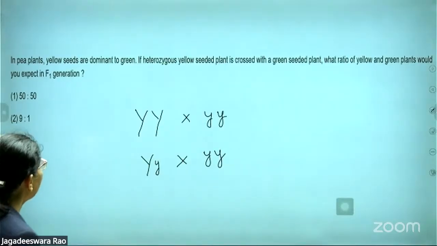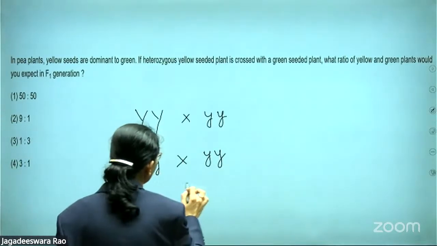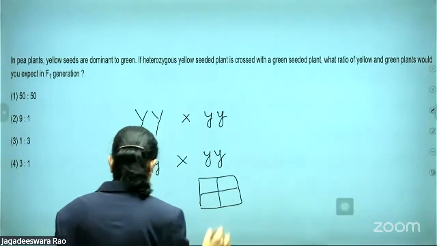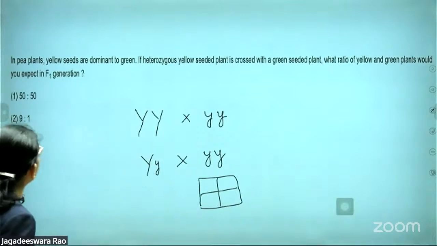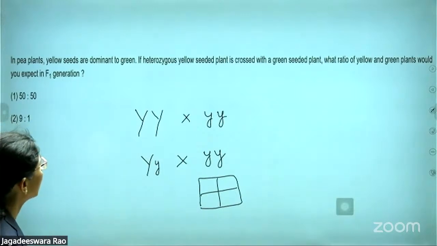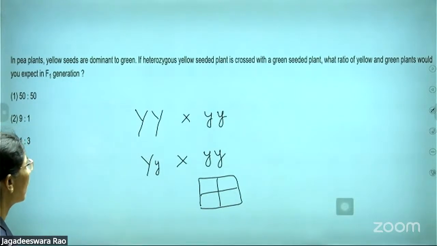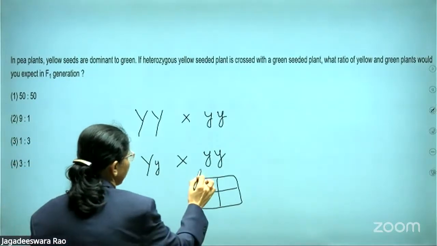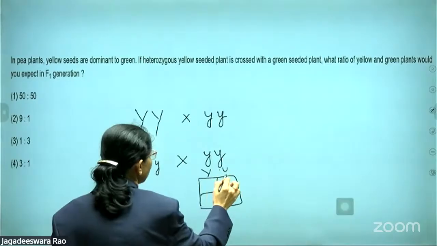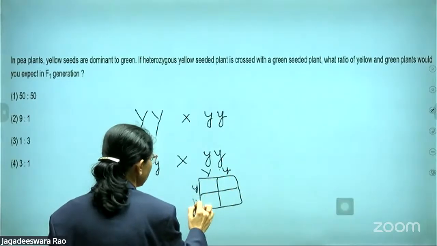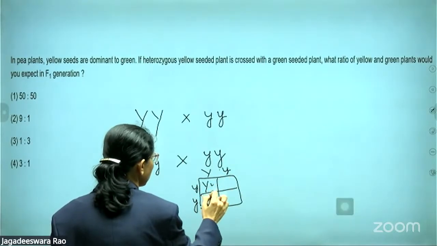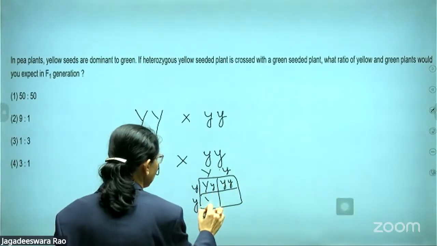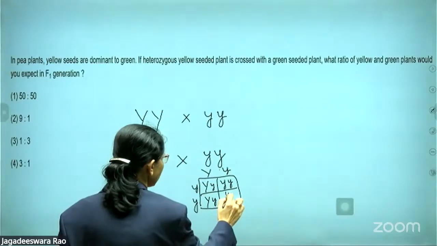Okay, so if it is crossed, then what will you expect? They are asking about the ratio of yellow and green plants. So you know very well here, if I am using capital Y here and small y here, capital Y, then small y, then capital Y, small y.